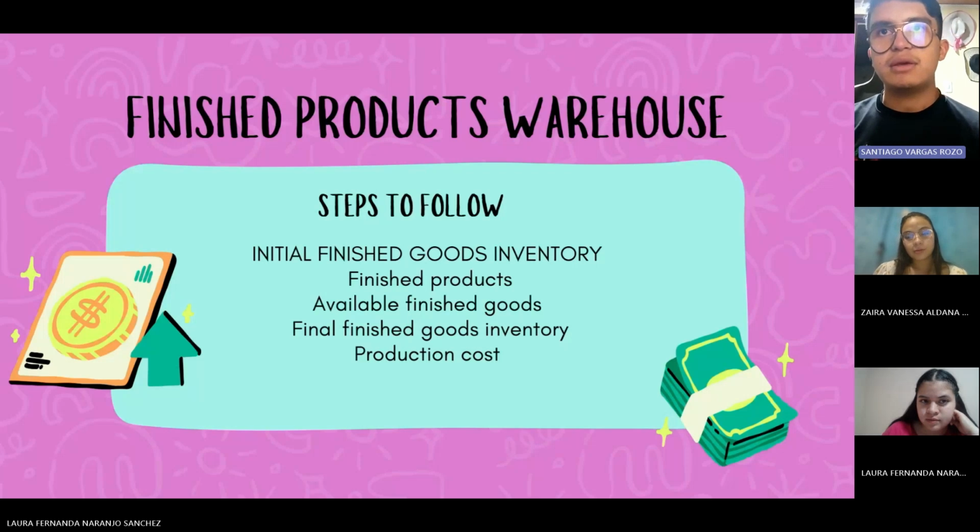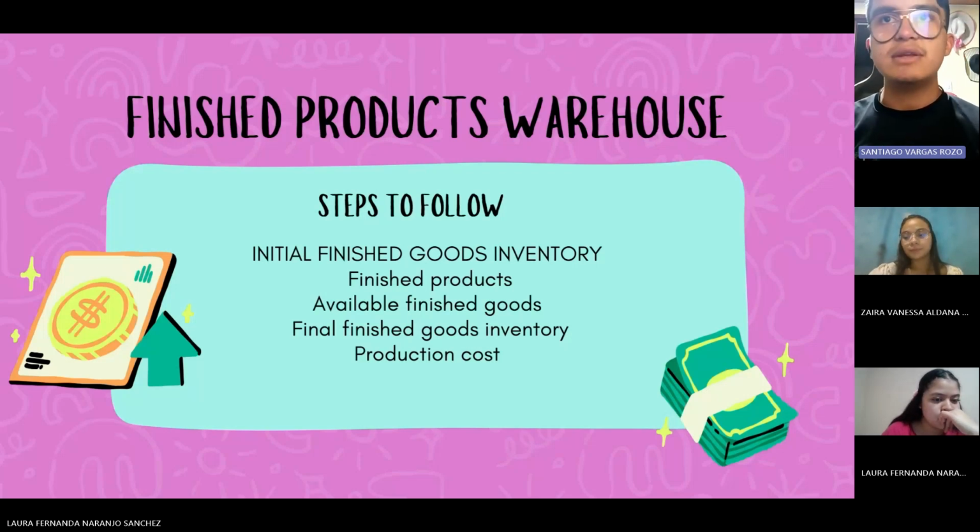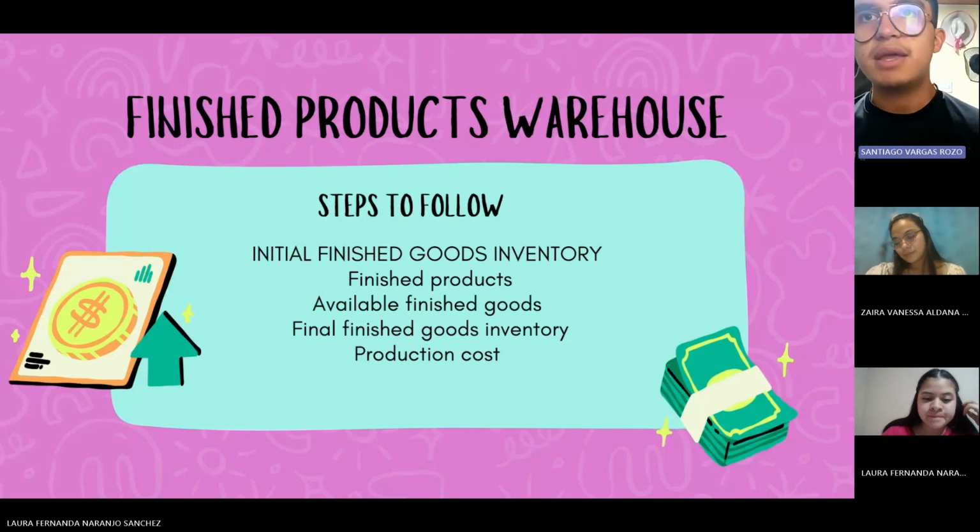The third is available finished goods, initial inventory plus finished products. Four, final finished goods inventory, what remains after sales. And five, product cost, the total of all accumulated costs during manufacturing.